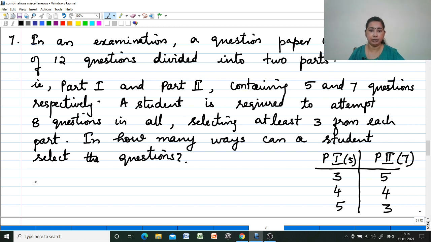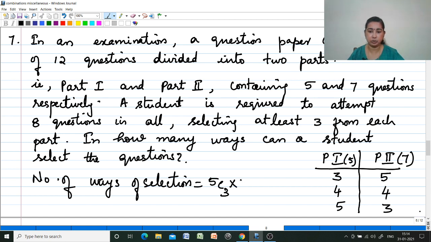So in how many ways can he select? Number of ways of selection is equal to 5C3 into 7C5 plus 5C4 into 7C4 plus 5C5 into 7C3.